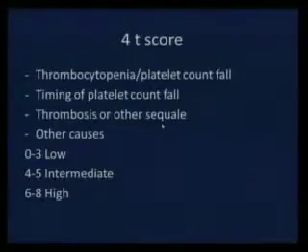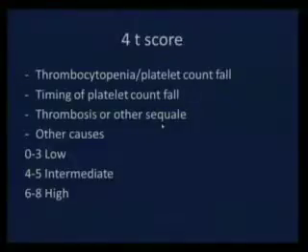Now we come to the 4T score. I had just mentioned to you what the 4T score is. I am not going to go into detail, but it covers these 4 aspects: thrombocytopenia and the platelet count fall, less than 50%, 30 to 50%, and less than 30%. So we give 3, 2, 1 points to each of them. The maximum number of points we can have is 8.